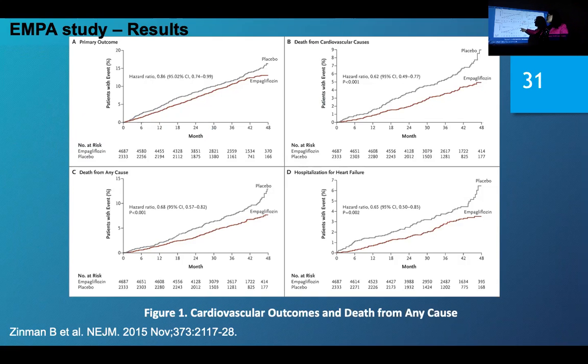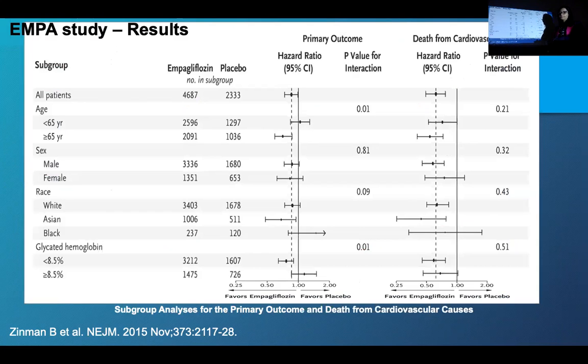Still, empagliflozin statistically lowered deaths from any cause compared to placebo, with a statistically significant result. Finally, hospitalization for heart failure was lower in the empagliflozin group compared to placebo as well, with a statistically significant difference.